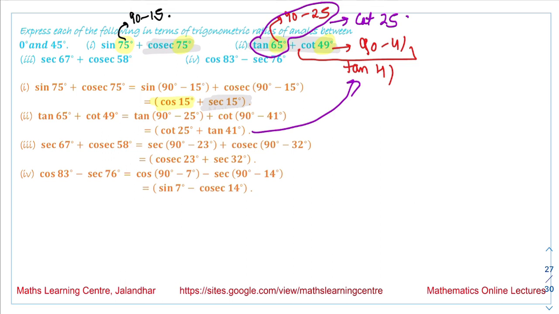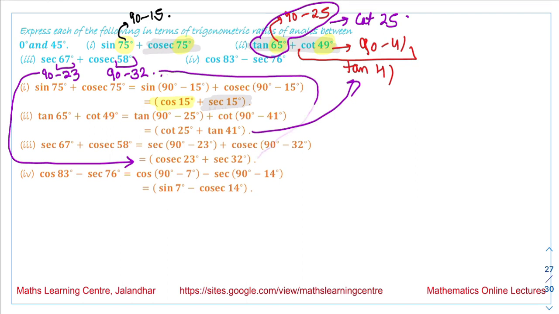Next, it is secant 67. Now 67 you can write as 90 minus 23, and 58 you can write as 90 minus 32. So secant of 90 minus theta is cosecant 23, and this value is secant 32.